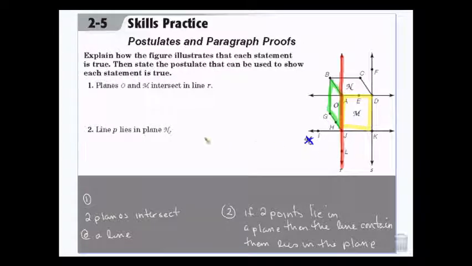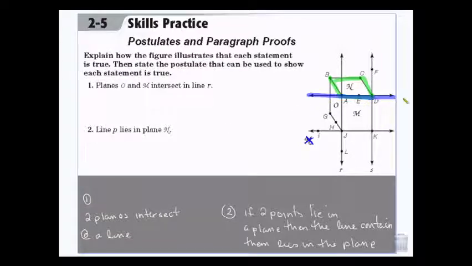If we look at line P lies in plane N. Well, here's plane N, and here's line P. If you look on your paper, you can see the P. I accidentally cut it off when I brought it over.